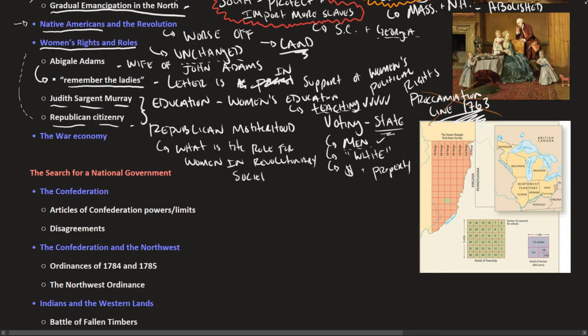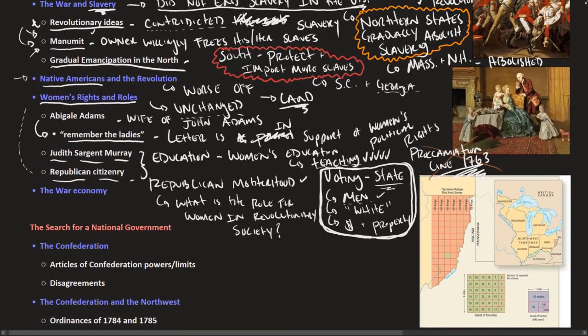Well, very clearly, for the men creating the political laws, it's not going to be in holding office. It's not going to be in voting. Instead, it was pigeonholed into this idea here. Republican motherhood is what you see in this picture.